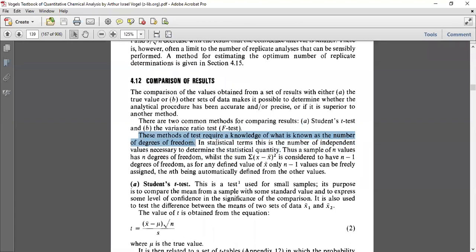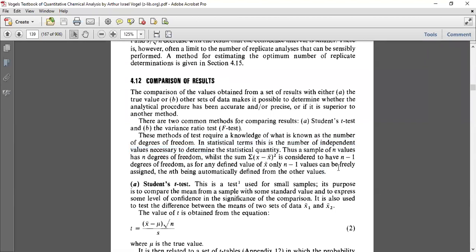In statistical terms, this is the number of independent values necessary to determine the statistical quantity. Thus a sample of n values has n degrees of freedom, while the summation of (x minus x bar) square is considered to have n minus 1 degrees of freedom. As for any defined value of mean, only n minus 1 values can be freely assigned, the nth being automatically defined from the other values.